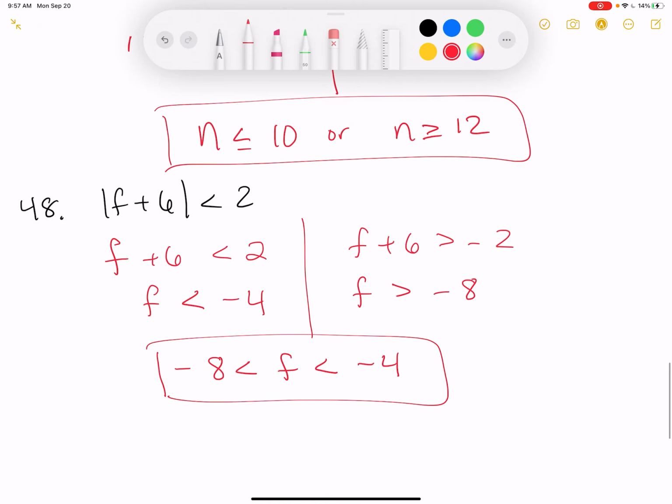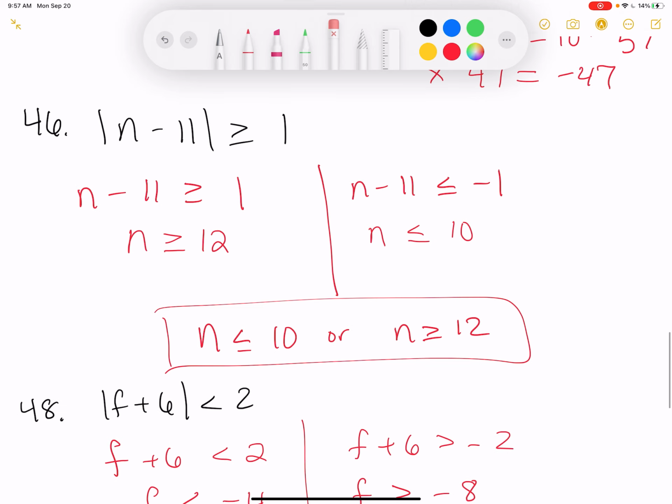So it's an or because n cannot be less than 10 and greater than 12. It can only be one or the other at the same time. So logically think about where these values have to fall.